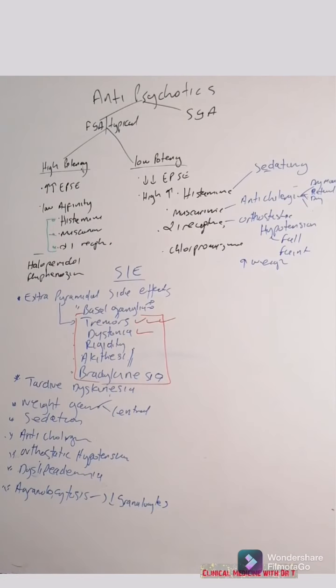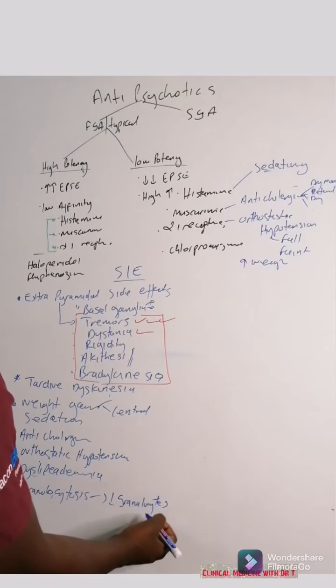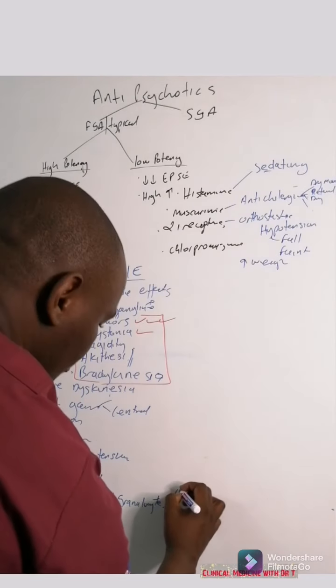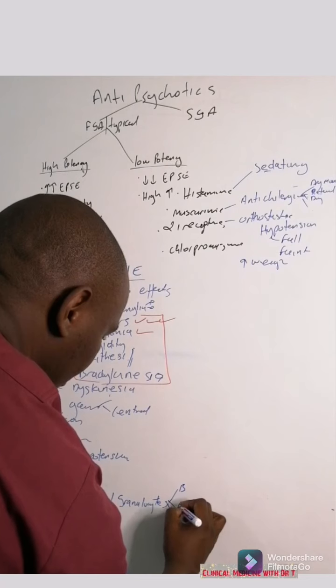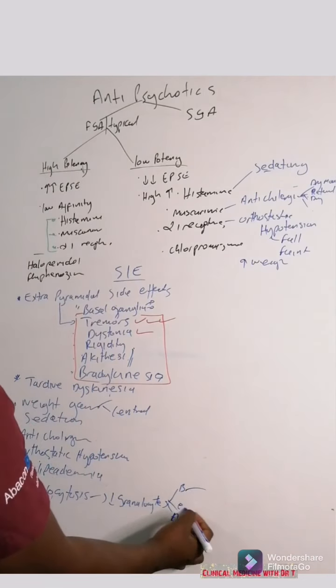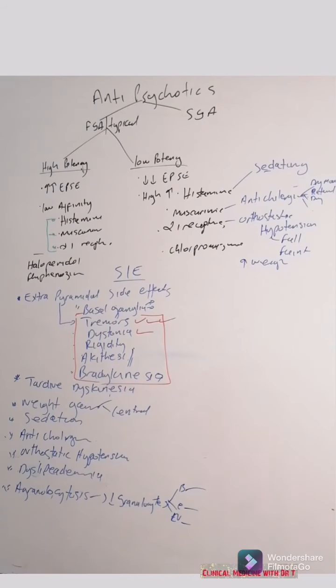Granulocytes are white blood cells for immunity, the ones that have granules in their cytoplasm. From physiology, I used to memorize them and call them BEN: B for basophils, E for eosinophils, N for neutrophils.